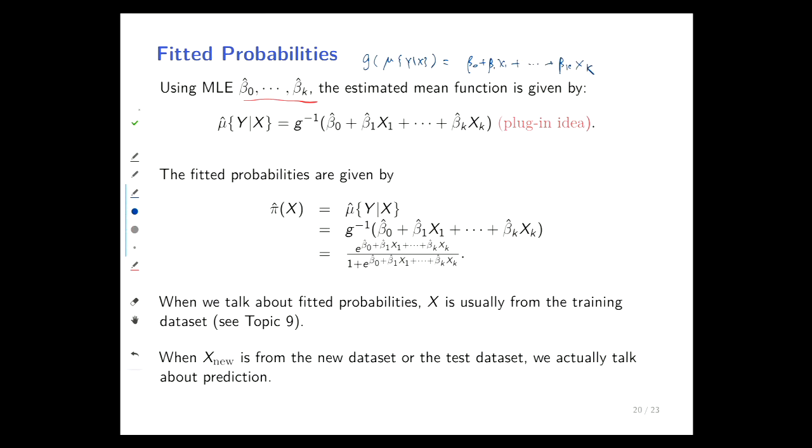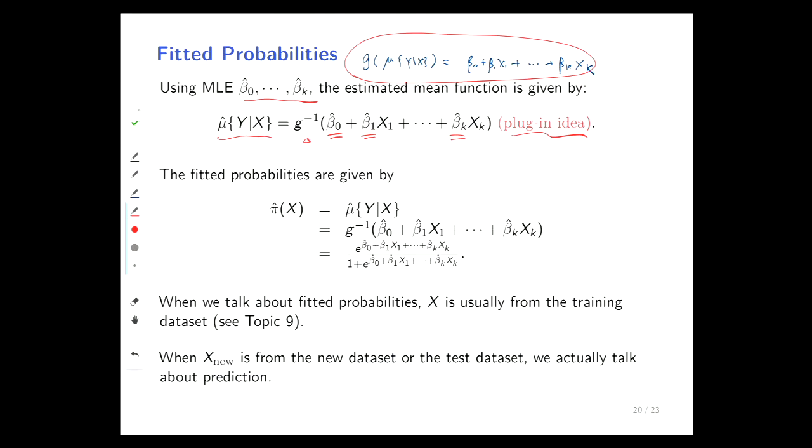That's our generalized linearity assumption. By using it, we can compute mu of y given x. With the plug-in idea, by plugging in the estimates of the betas, we obtain the estimated mean function. This is exactly the same as in the multiple linear regression model. The only difference here is the g inverse function.